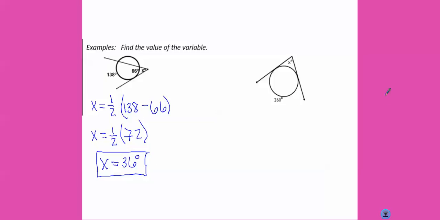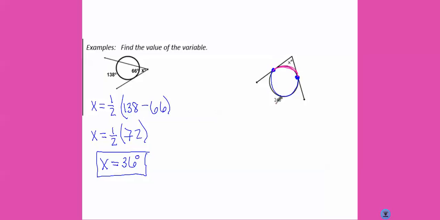In our next example, it's a little harder to see. It intersects the sides right here. We have two tangents. So the big arc is 260 degrees, but we don't know what the smaller arc is. It's not labeled. But since the way that these lines intersect our circle, the big arc and the little arc make up the entire circle. A whole circle is 360 degrees.